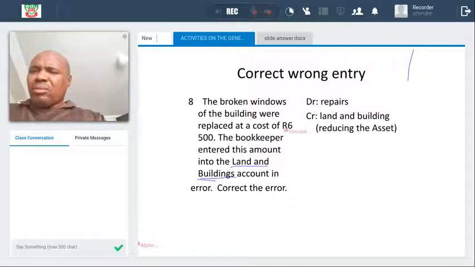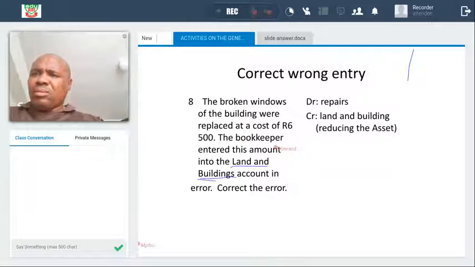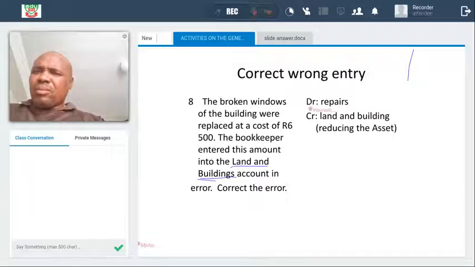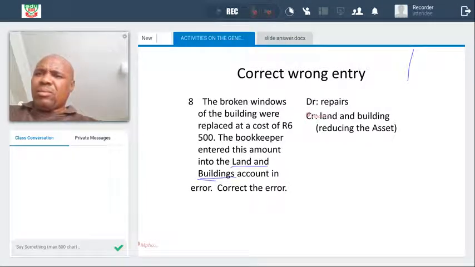Repairs is an expense. So instead of recording it as an expense, they recorded it under land and building as if they are increasing part of the building. No, they're just repairing it. So what are we going to do? We have to debit the repair account. It's an expense account. Expense was the one that was actually increasing. And then we credit back the land and building, which was mistakenly debited, to reduce back the value of that asset.